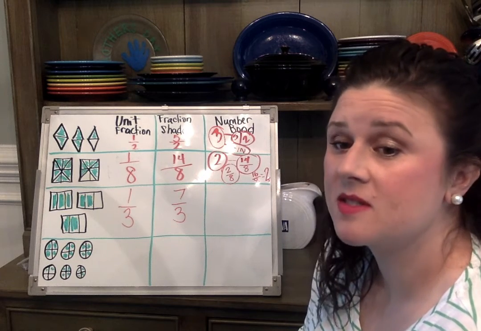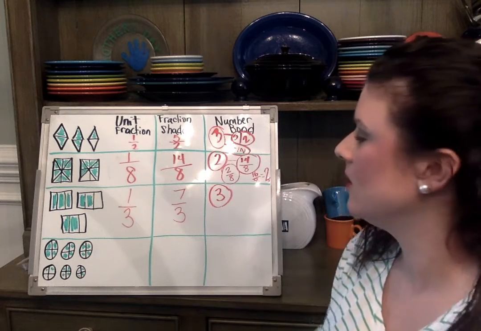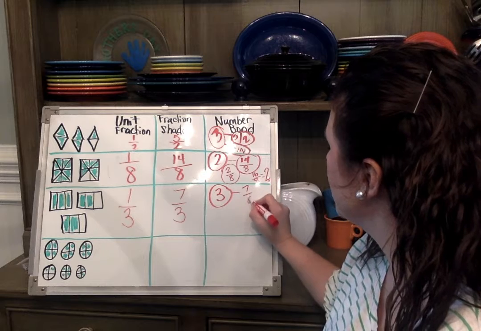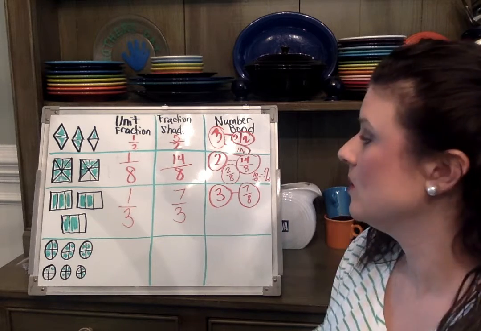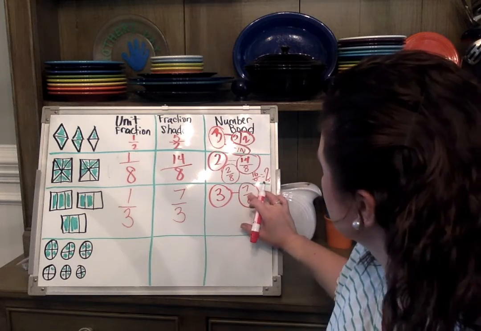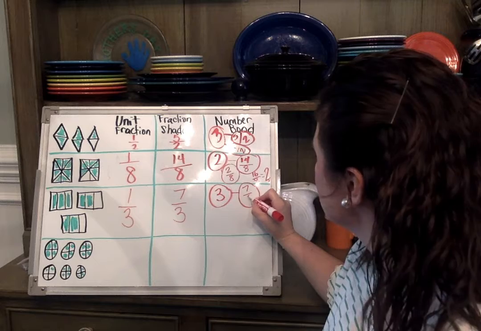So my number bond, how many wholes do I have? 3 wholes. What fraction of that are shaded? 7 eighths. What fraction is not shaded? Oh wait, did I say 7 eighths? I'm confusing myself because I keep looking back and forth. That's 7/3.